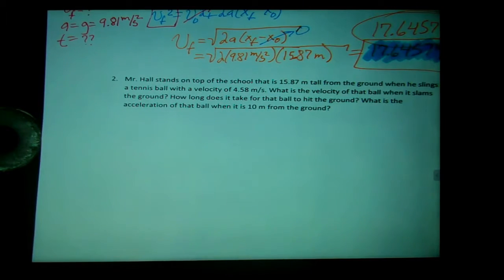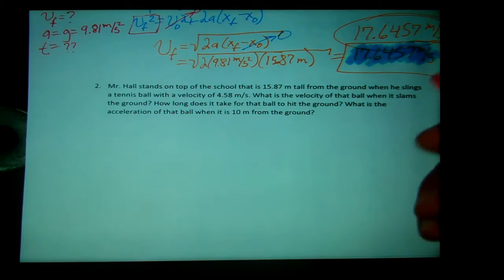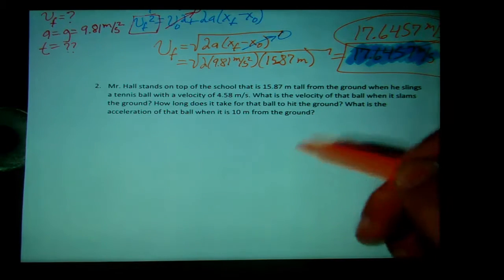Alright, number 2. Mr. Hall stands on top of the school that is 15.87 meters tall from the ground when he slings a tennis ball with a velocity of 4.85 meters per second. That should say downward. I apologize for that. This is downward. So, I'm going to make down positive again.